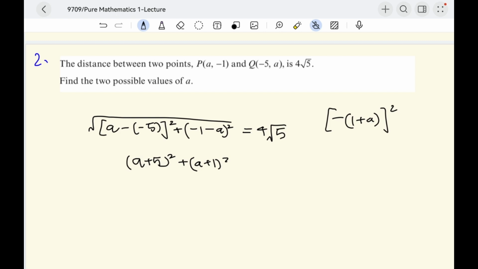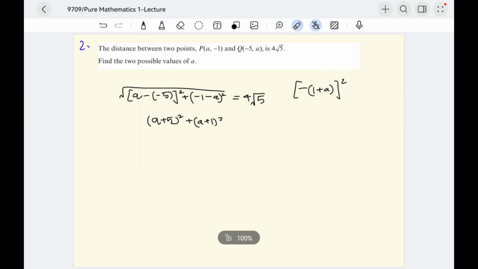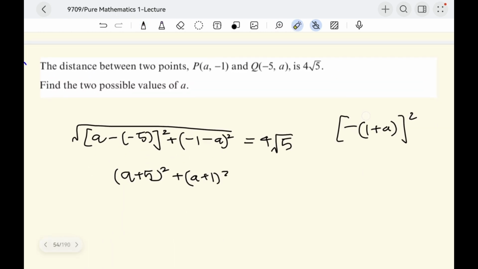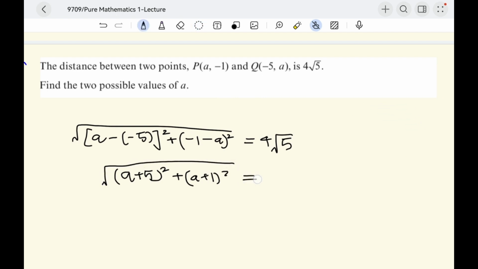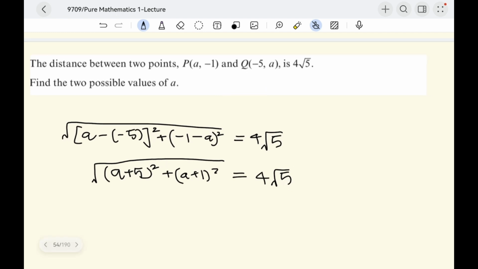So following the indices rule, you need to distribute the power into here and here, since these are the products. Okay, as negative squared, you will get positive. Yeah, makes sense. And still there's a square and 4 square root of 5. So now it's time for you to square both sides.